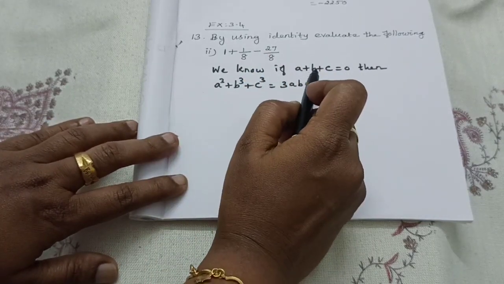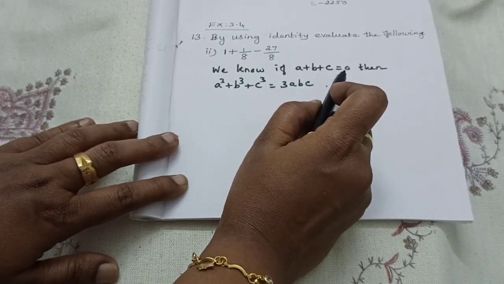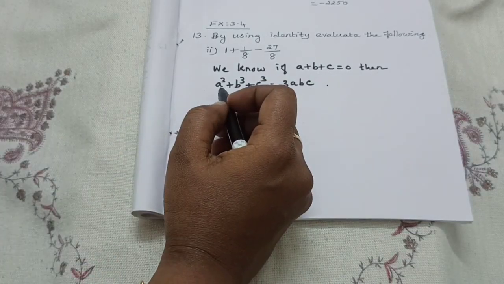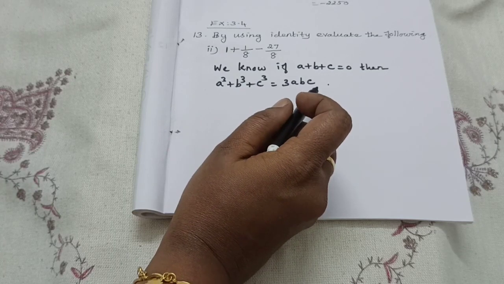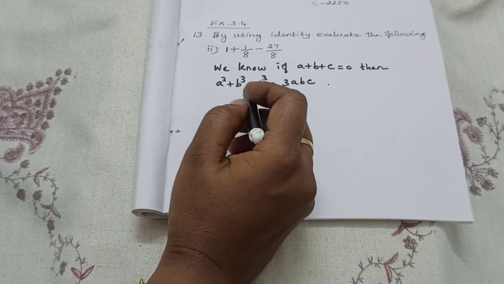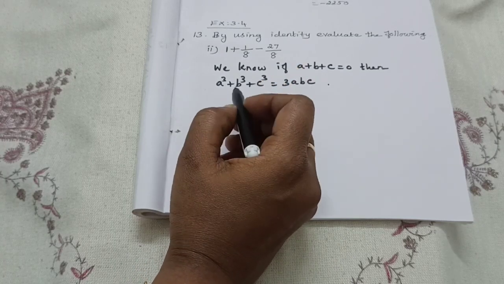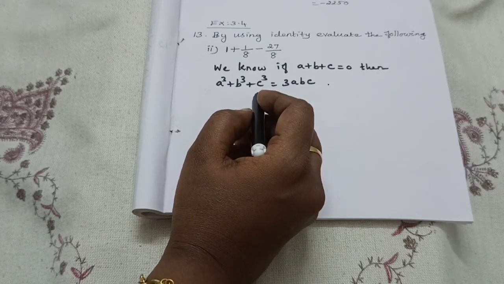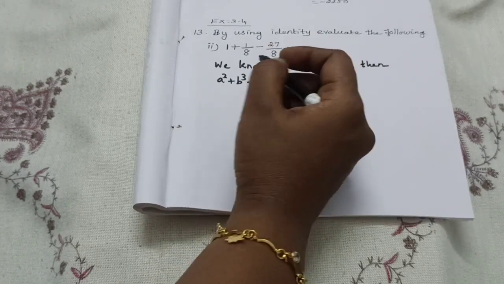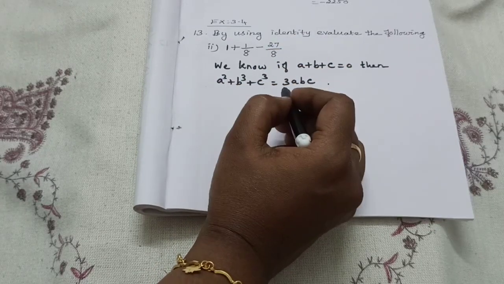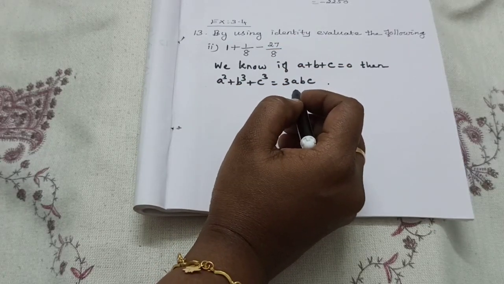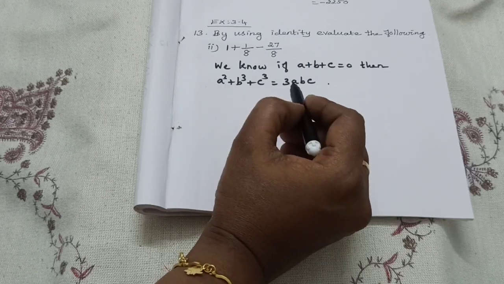Otherwise, if x plus y plus z is equal to 0, then x cube plus y cube plus z cube is equal to 3xyz. Like that also you can do. Shall we check here? These 3 values we have to substitute and add. If we get 0, then we can use this formula.